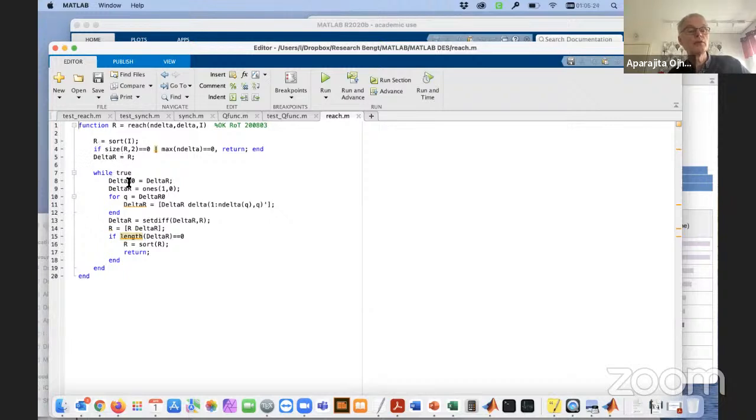And then I try to update this set, and I say in the loop here, a fixed point, that the old delta is the current delta, and then the new delta is just a vector with one element.